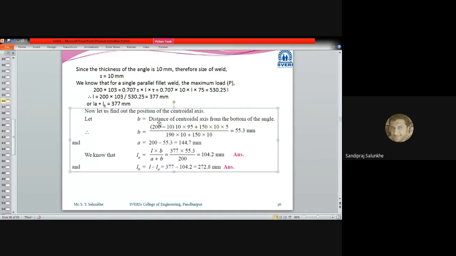Let B be the distance of the centroid from the vertical axis. If you look at the diagram, with distances A and B, B is the distance of the centroid from the lower position.